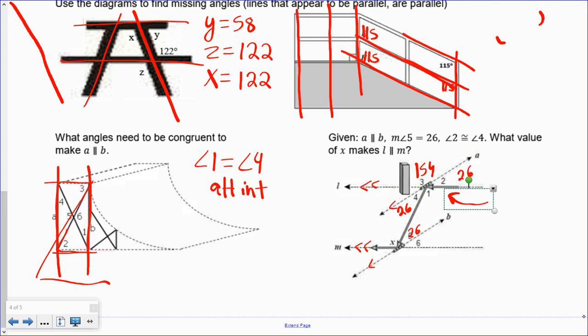If I already have two 26s, what would that leave for angle 1? It's 180 minus 52, so 128.